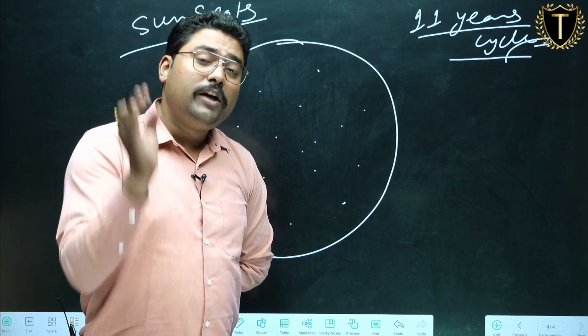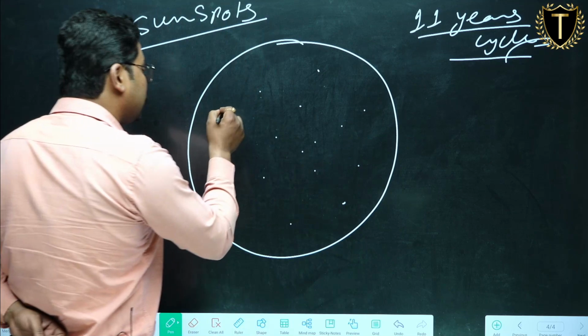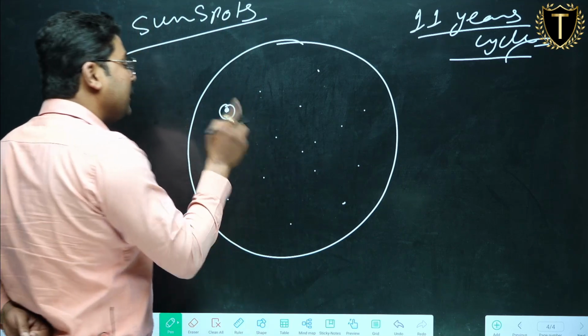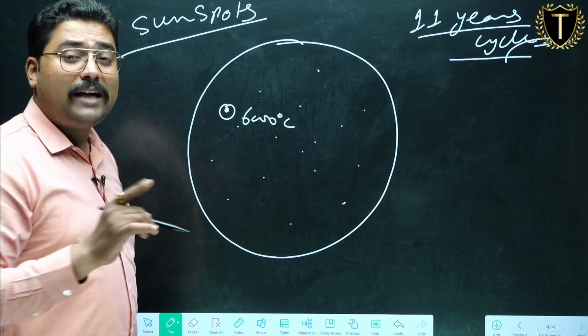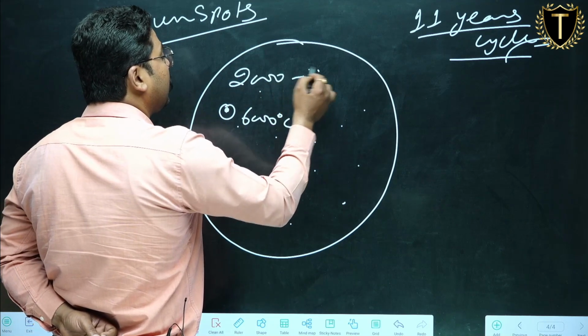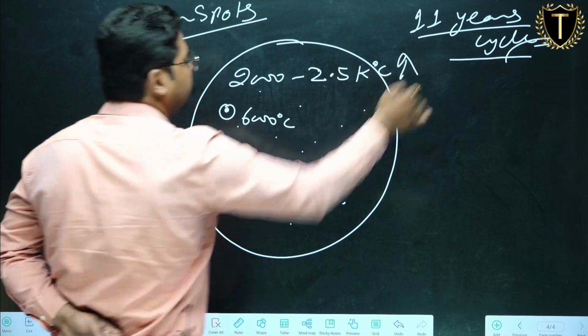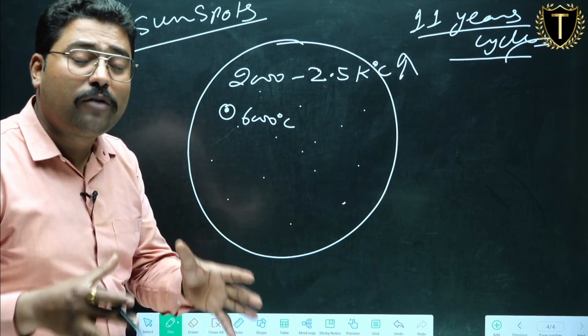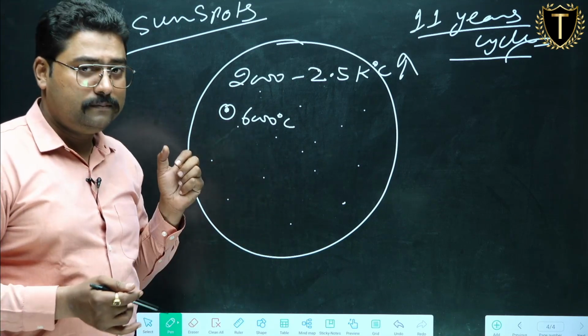Rather, the nuclear fusion of the surrounding has increased, means the sunspot area has the normal temperature of 6000 degrees Celsius, and the surrounding area temperature has increased by near about 2 to 2.5 thousand degrees Celsius. That's why the normal energy emitting area looks like a spot.